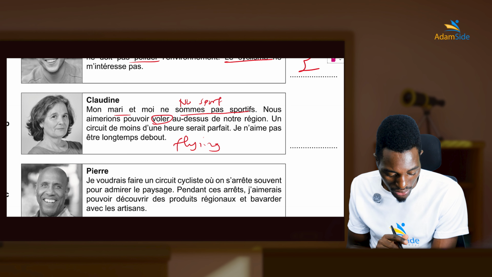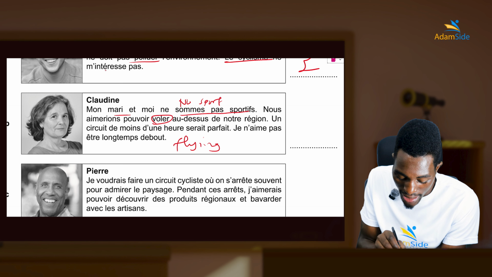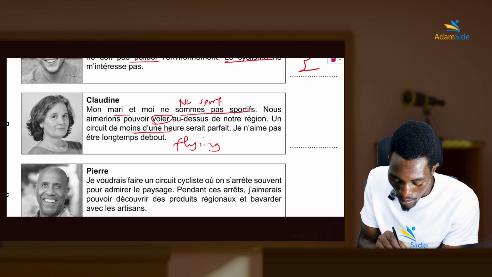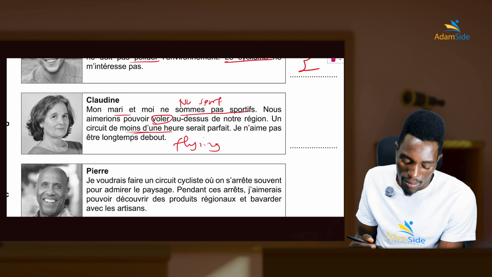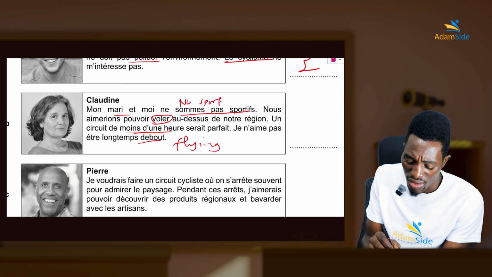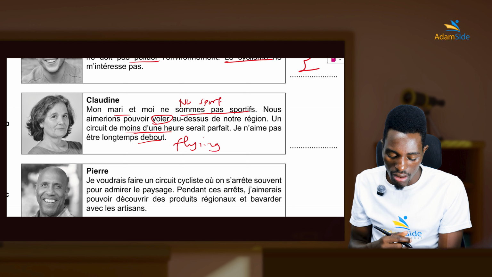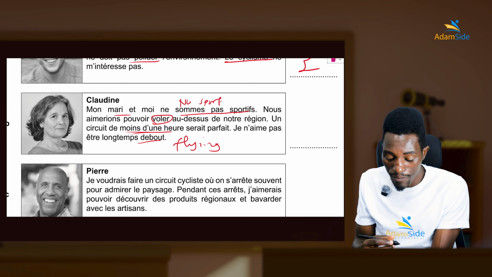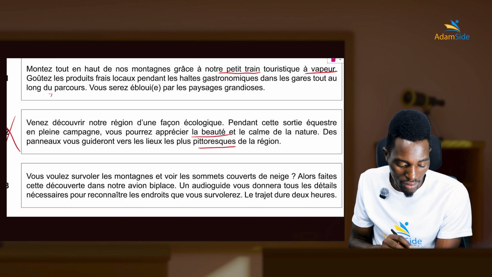Au-dessus de notre région, en moins d'une heure. So their flying should take what? Half an hour, et moins d'une heure, serait parfait. Je n'aime pas être longtemps debout. She doesn't like to stay up, like flying, taking time in the air. She's just one and a half, under an hour. So if we get back there, we have this number 2, we read it, so we exclude it.